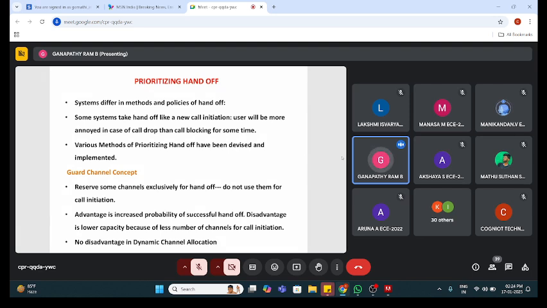For this, several guard channel concepts are given. Some reserve channels are exclusively available for handoff, which are not used for call initiation.